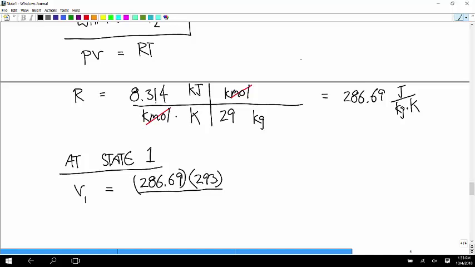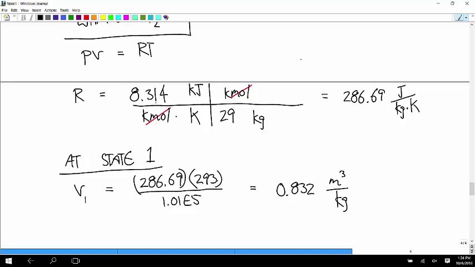Divided by the pressure, which at state 1 is 1.01 times 10 to the 5th. And we get a specific volume equal to 0.832 cubic meters per kilogram.